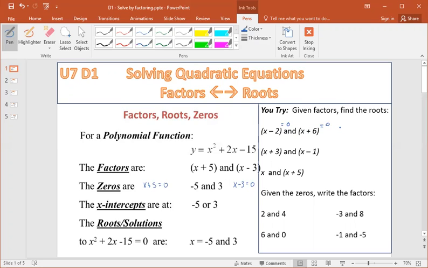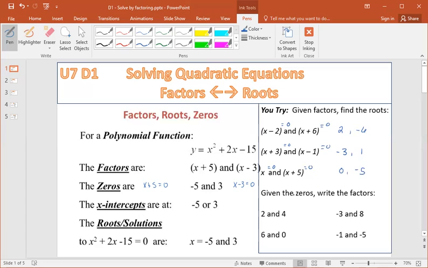So therefore, this would be the number 2 and the number negative 6. If I had x plus 3 and x minus 1, once again, I set them equal to 0. So therefore, I would have negative 3 and positive 1. And once again, I would have 0 and negative 5 over here.